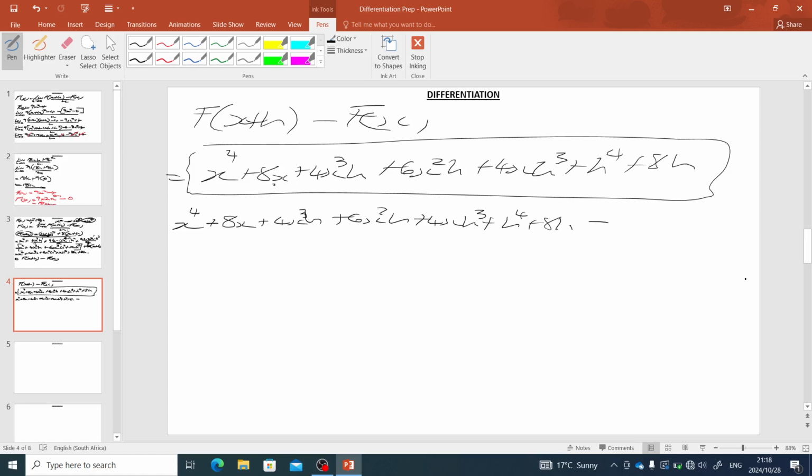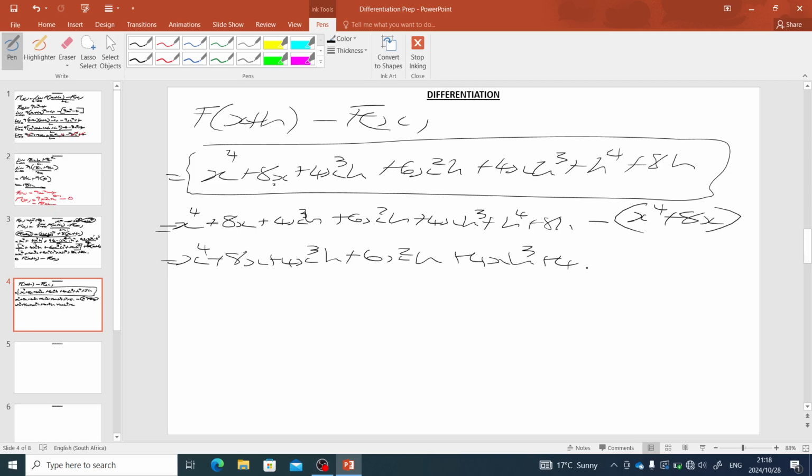F of x will be open bracket, x to the power 4 plus 8x. Okay, then we will have x to the power 4 plus 8x plus 4x cubed h plus 6x squared h plus 4x h cubed plus h to the power 4 plus 8h minus x to the power 4 minus 8x.